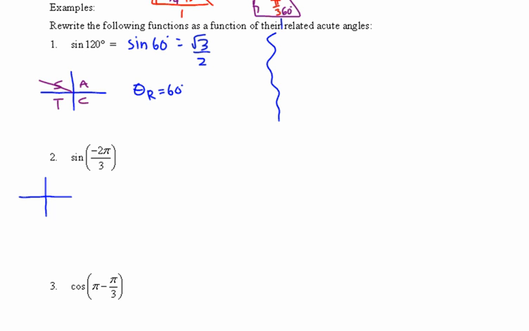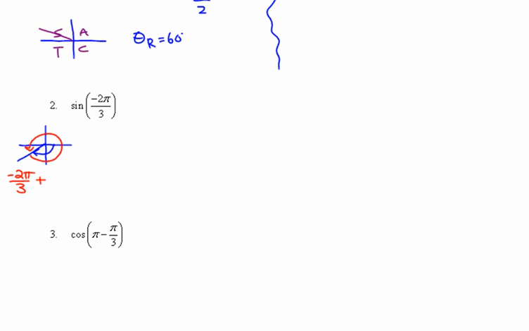If I want to figure out the positive version, we take our angle and we add 2 pi. So negative 2 pi over 3 plus 2 pi. If I want a common denominator, 6 pi over 3 is 2 pi. So what is that angle equivalent to? It's equal to 4 pi over 3.